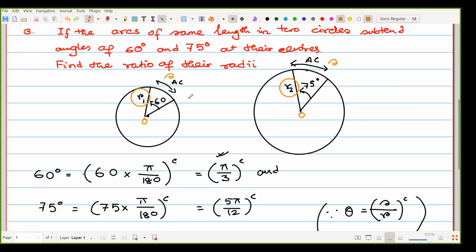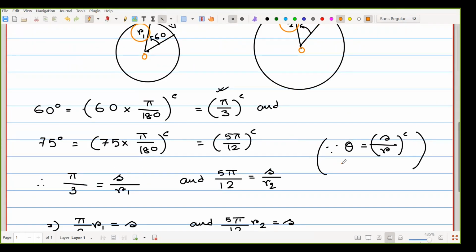So what should be the ratio of R1 and R2? That was the question. And using that formula, theta is equal to the angle subtended by the arc and the radius, that is S by R, we have used that one here.